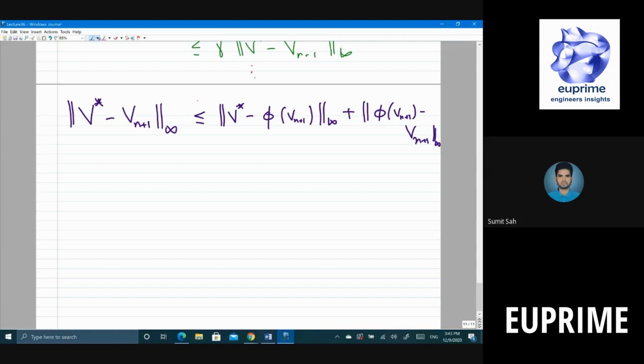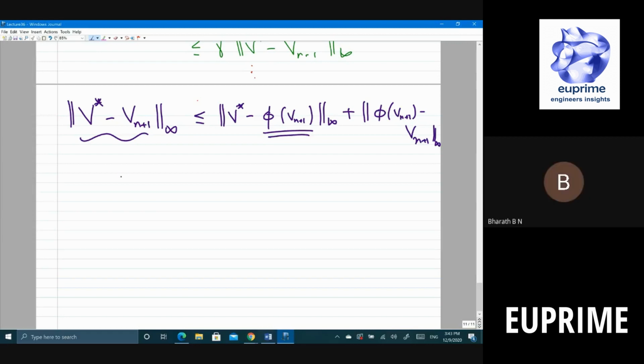Somebody tell me. Plus minus phi of Vn plus 1, then triangle inequality. Yeah, triangle inequality, right? I'm adding and subtracting this term here, and then norm of a plus b is less than or equal to norm of a plus norm of b, right? That's the triangle inequality. Is that fine, everyone? Is that okay?